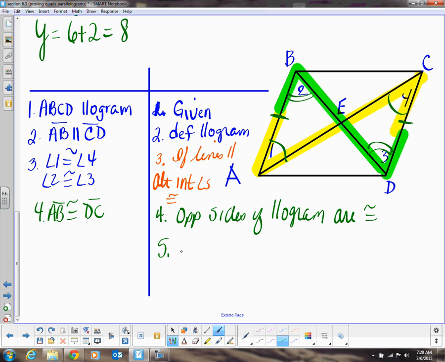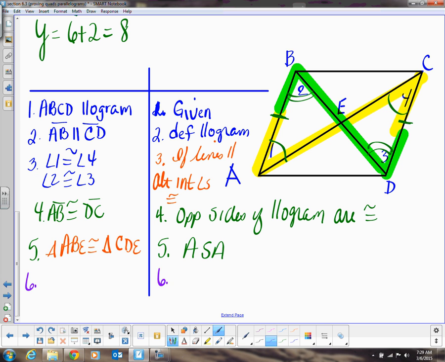There, 5 says angle, side, angle. Is that correct? Now, what goes with angle, side, angle in the statement piece? Okay, A, B, E, so A, C, D, E, nice corresponding of vertices. Okay, why do we prove triangles congruent?